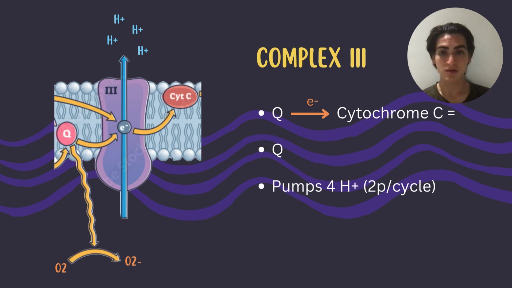One of them goes to cytochrome C, which will eventually move into complex 4, while the other electron is transferred via cytochrome B to reduce ubiquinone, and essentially the energy from both of these electrons being transferred is used to pump protons from the matrix into the intermembrane space. Essentially this helps create the proton gradient, which will then be utilized to synthesize ATP.